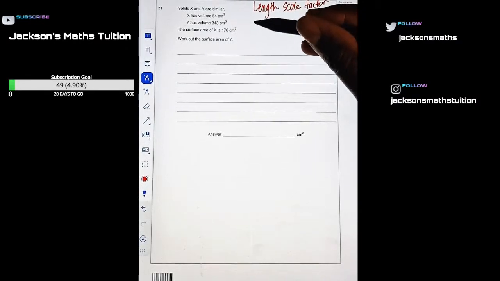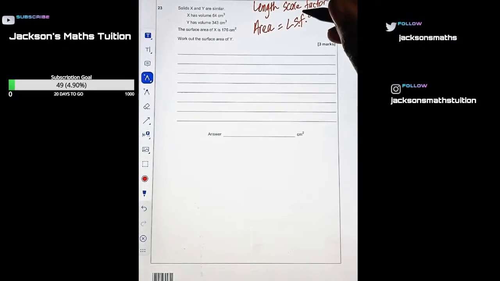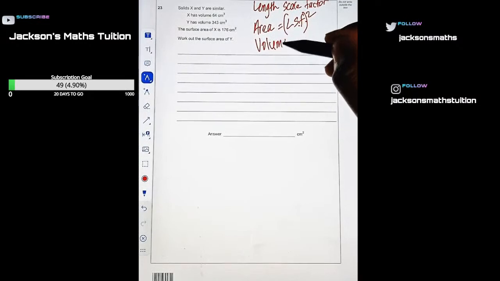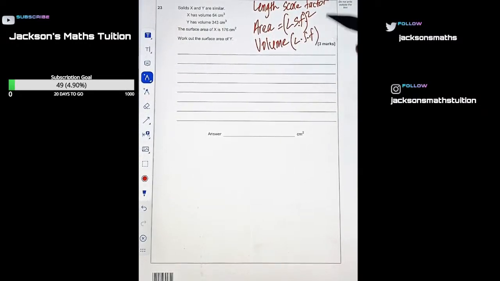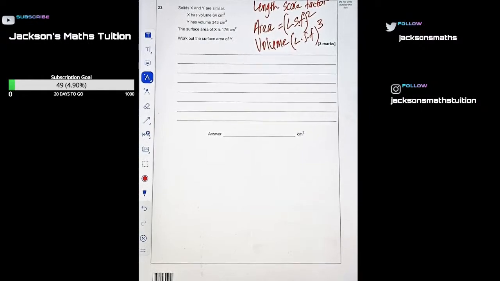If you're doing area, it's going to be the length scale factor, I'm using LSF for short, and you're going to square it. Okay, that's for area. For volume, you do the length scale factor and you cube it. So you guys need to remember this when you're doing similar shapes involving area and volume.